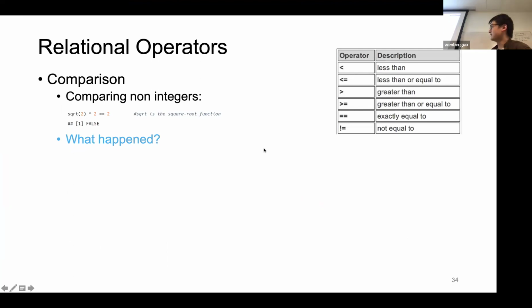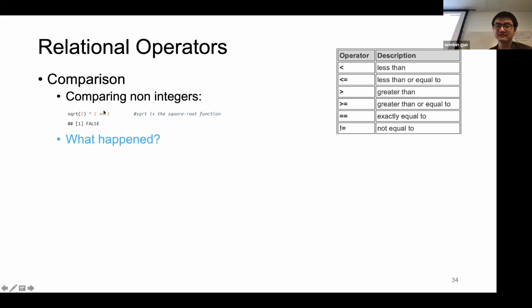There are also some relational operators, like comparison, when you are comparing with numerical values, such as less than or greater than. You can also compare whether they are equal to each other or not equal to each other. Sometimes this is pretty useful in flow control if you have an if-else statement.